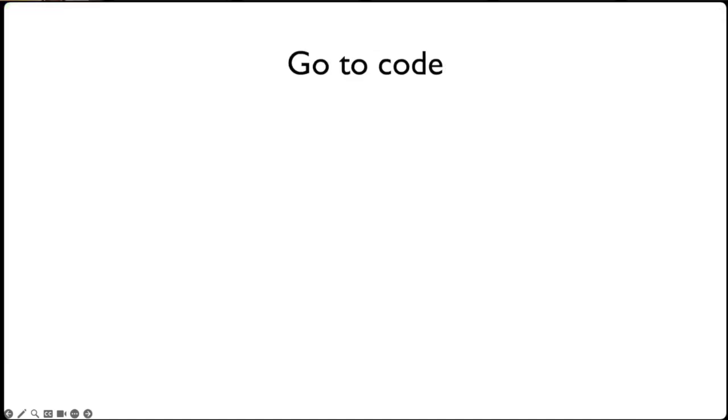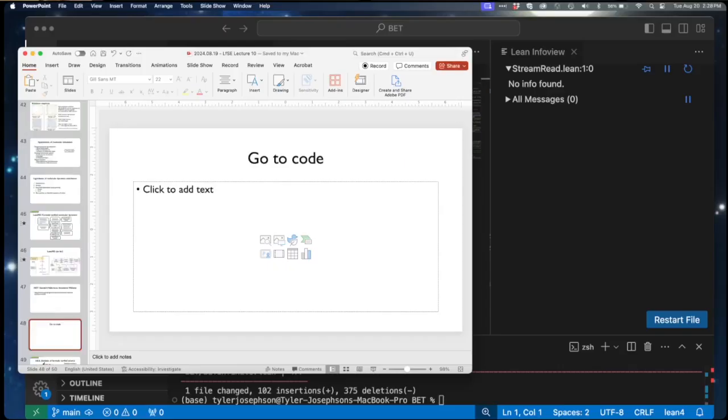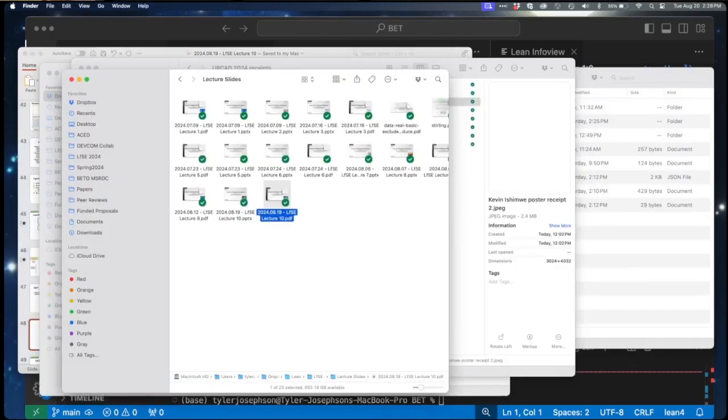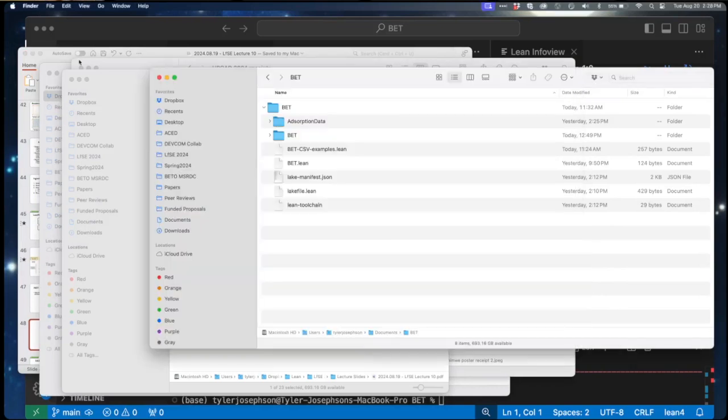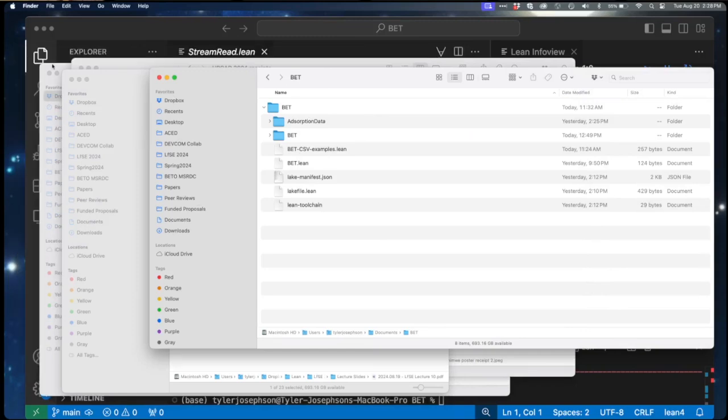Time to go to the LeanMD code. All right, and I have a lot of folders open.